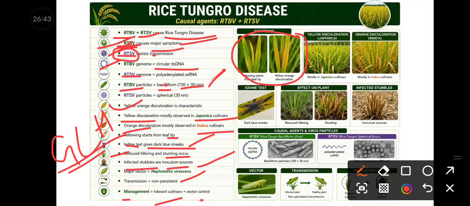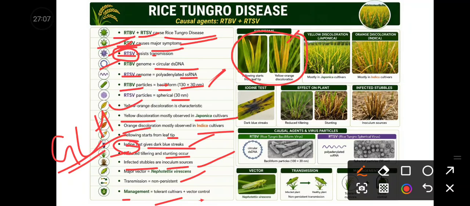And another particle is rice Tungro spherical virus with spherical shape containing single stranded RNA as genome, and size is 30 nm diameter. Most important test to detect the virus is iodine test. Then characteristic symptom is yellow to orange discoloration started from the tip.